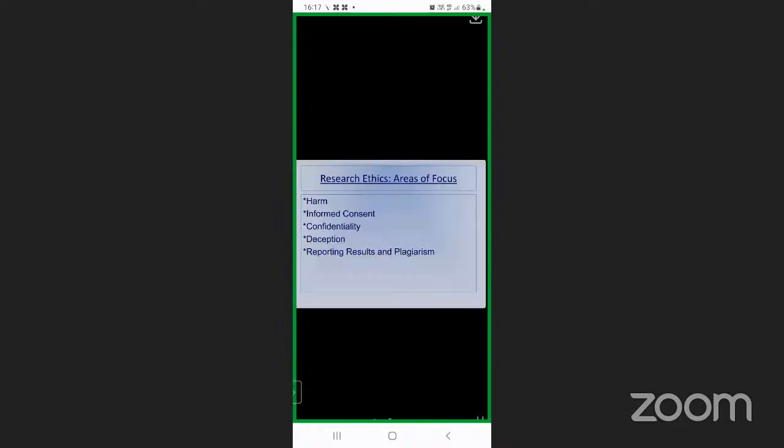Then research ethics, the areas of focus. If we think about ethics, there are different areas, like harm: it should not be harmful.